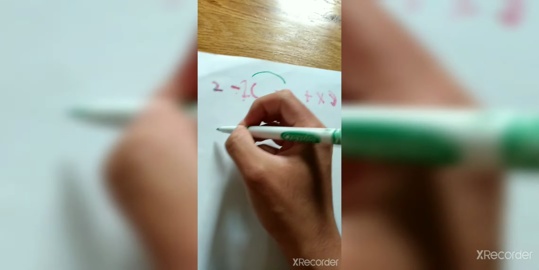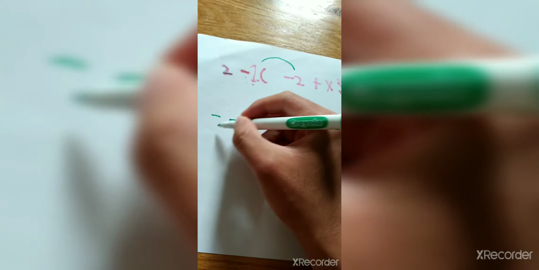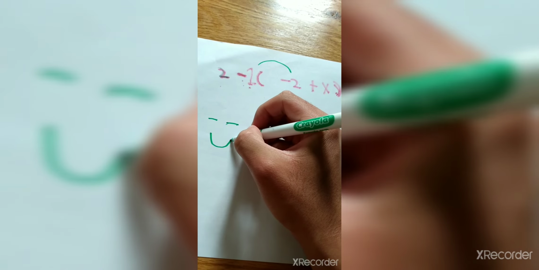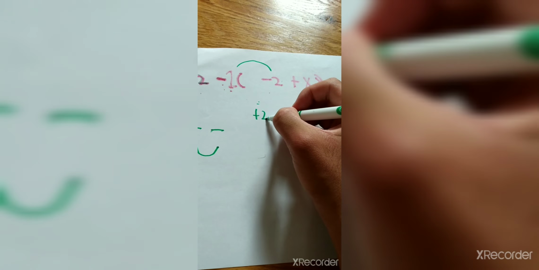So let's start distributing. -1 multiplied by a -2: a negative multiplied by a negative will result in a positive number. So -1 times -2 is going to become +2.